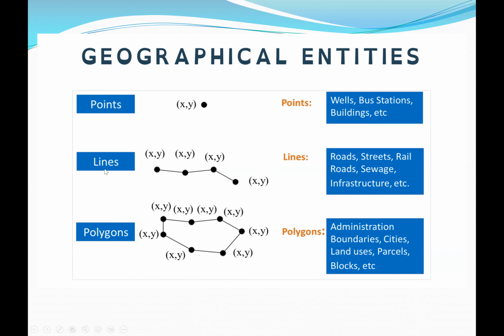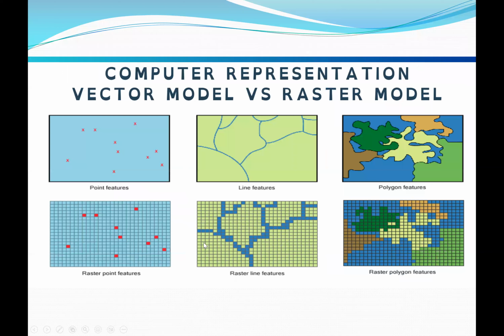A line will be a network system, can be a transportation line, for example, a railway or a road. Then polygons can be an area or a region, can be a city or administrative boundaries, etc.